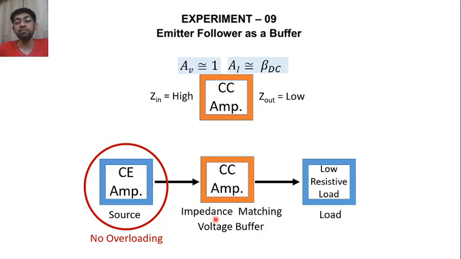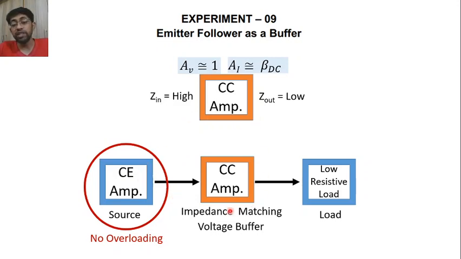Impedance matching means the load has low resistance, and compared to the load, this CE amplifier has higher resistance or higher impedance. Initially, when this stage was not present, there was a connection of a low impedance load and a high impedance source, which is not matching.